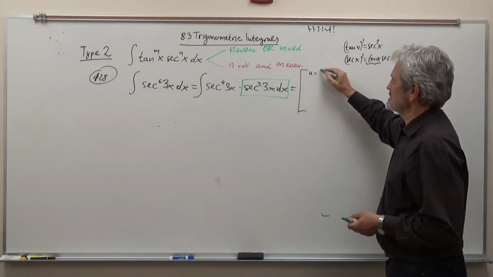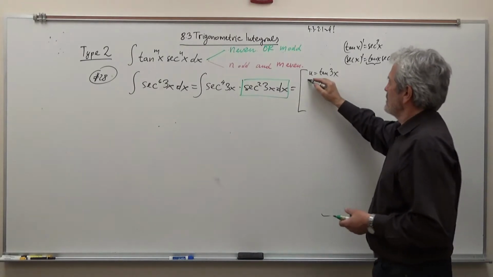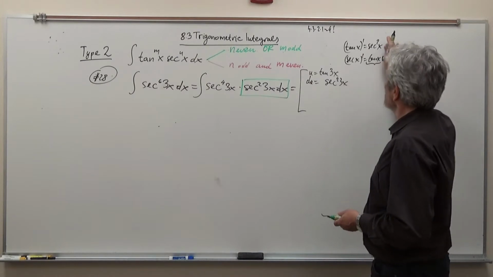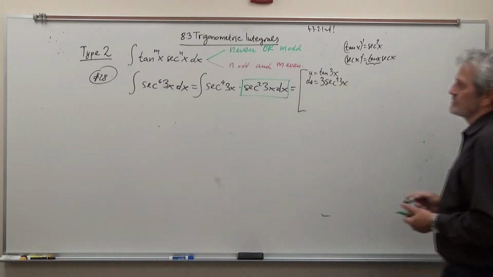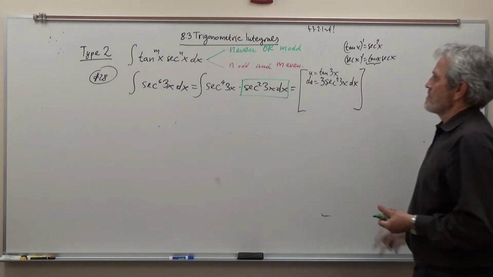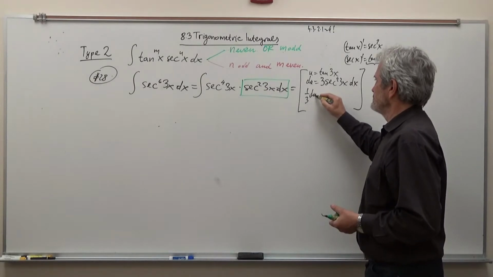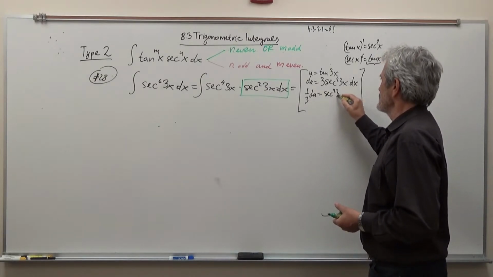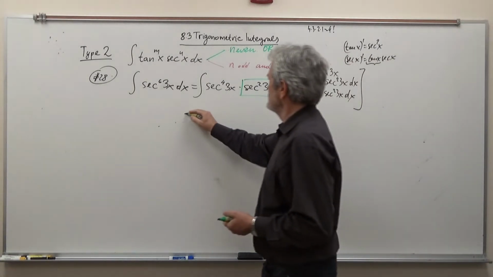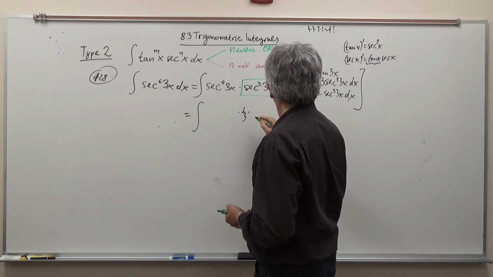So we go u equals tan 3x. So how much is du? It is secant squared 3x according to this, but of course times 3 for the chain rule, and then dx. So 1/3 of du is secant squared 3x dx. So we like that. So it's the integral, this is 1/3 du.